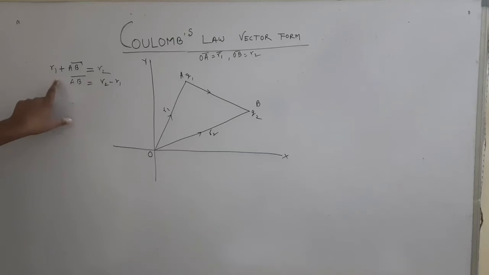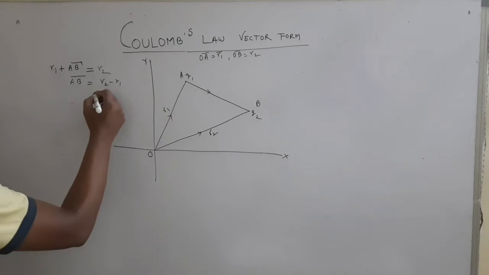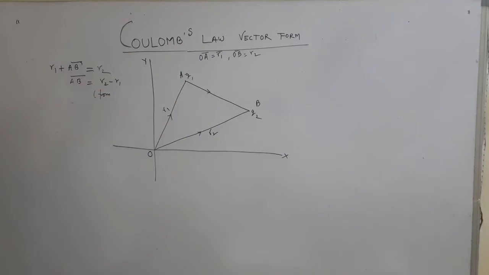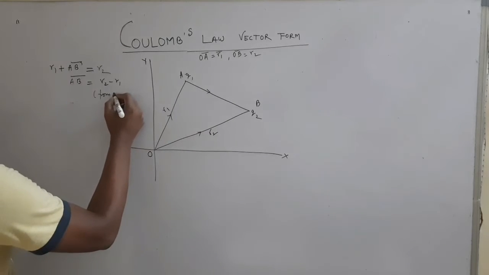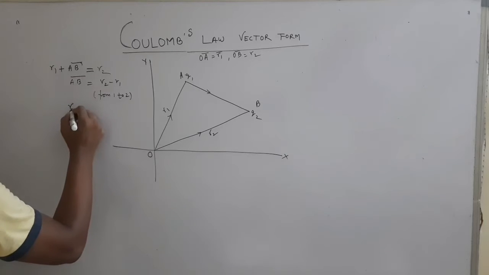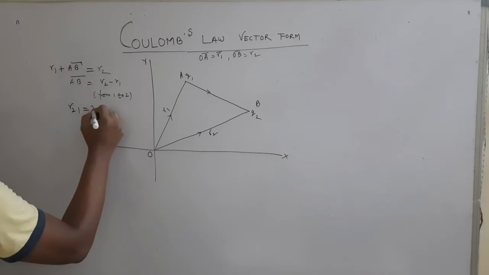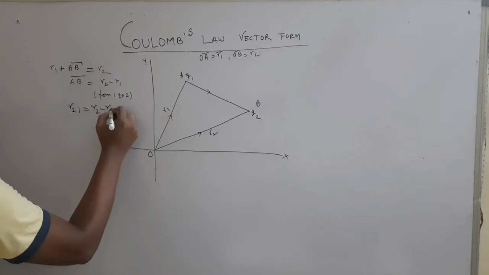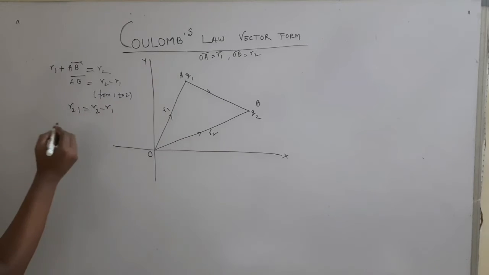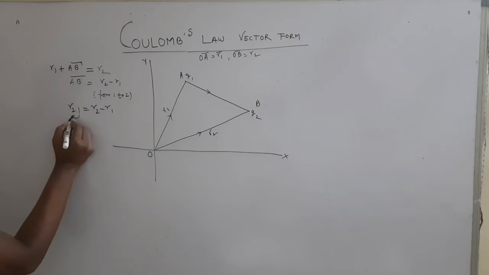It means the direction is from 1 to 2, and that we write as R21. So R21 is R2 minus R1, and its significance is from 1 to 2, from this to this.